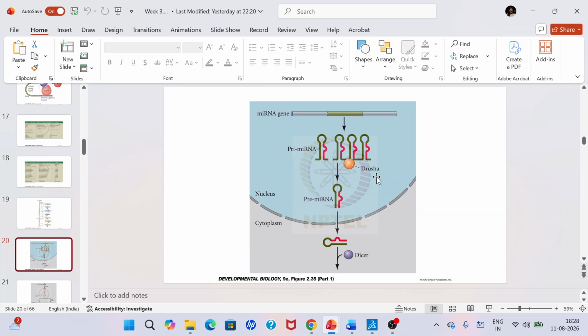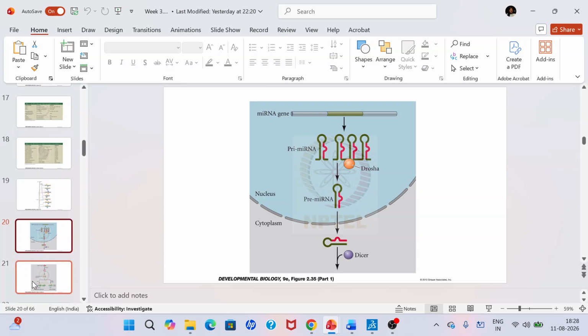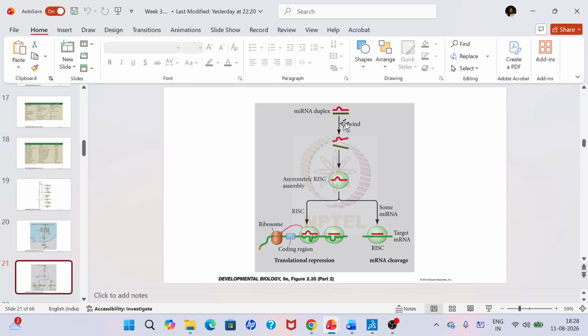How miRNA actually forms and functions is being shown here. The Drosha and Dicer proteins are the proteins that lead to the formation of a mature miRNA, and then that miRNA binds to the particular RNA where it needs to repress the translation, and it will stop the translation of that particular mRNA.